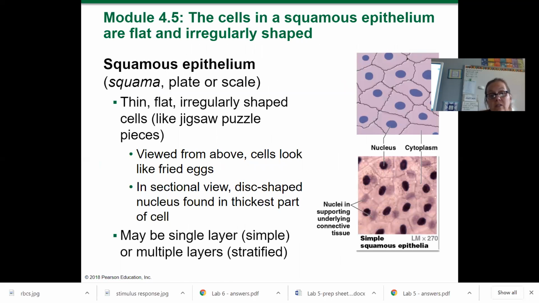So here is where they're going to start talking about the types of specific epithelium. If you look on page 150, what I would like you to focus on is the shape and layering. So squamous epithelium, simple squamous, stratified squamous.